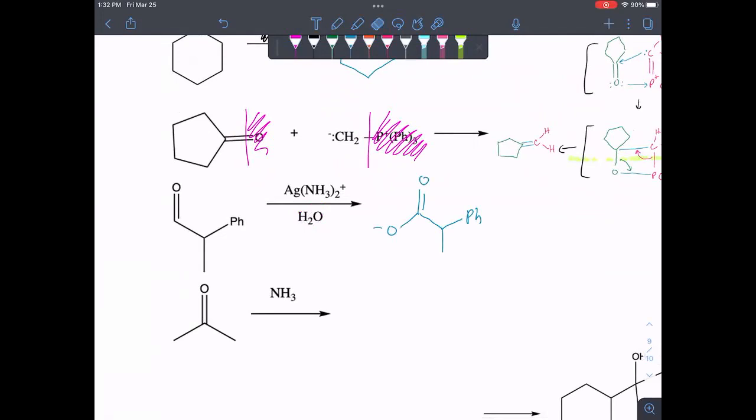But we do have the water on the bottom. Because that's there, this carboxylate is going to get protonated and we turn the aldehyde into the carboxylic acid.